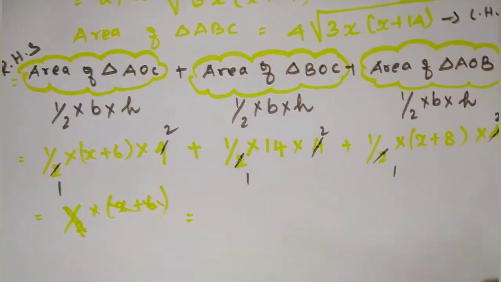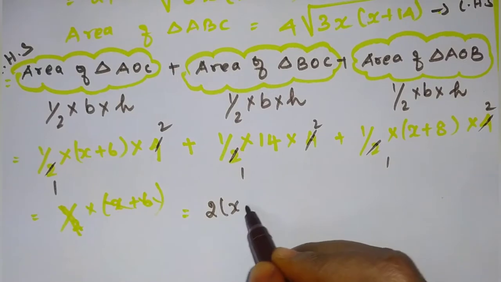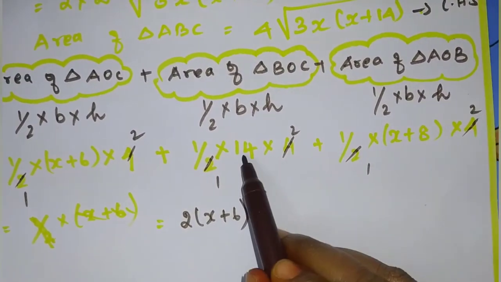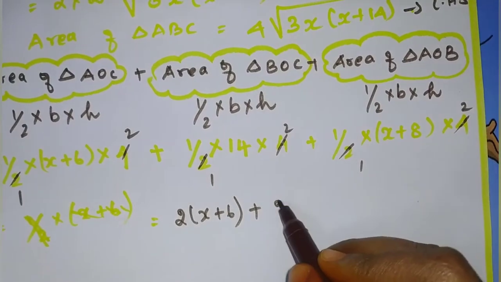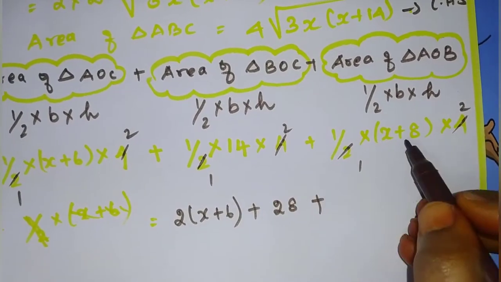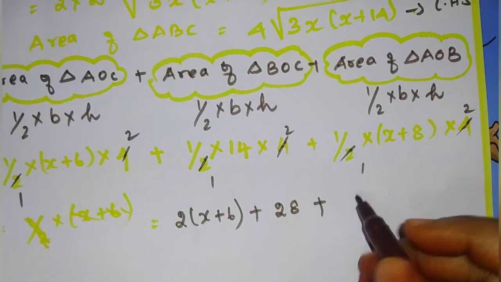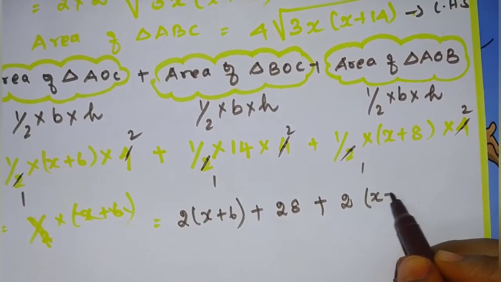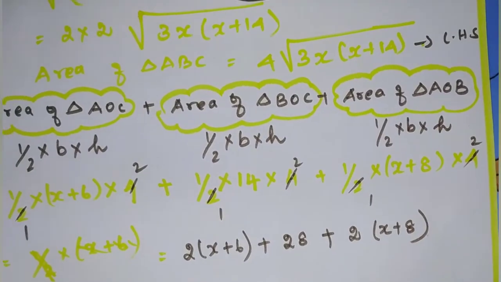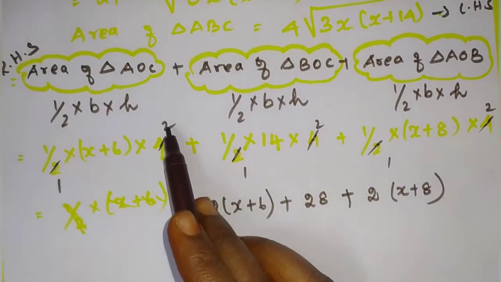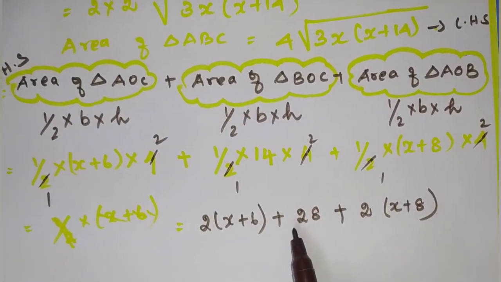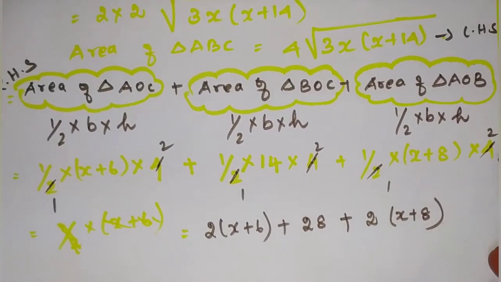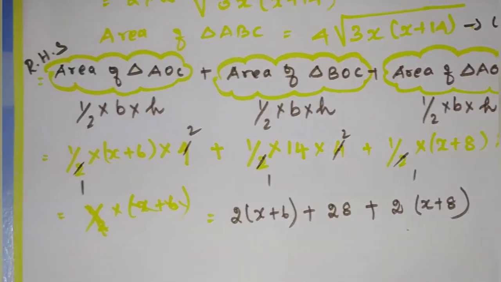First write the number 2 x plus 6 plus 14 into 2 is what? 28 plus 2 into x plus 8. Clear? 2 into x plus 6 plus 14 into 2 is 28 plus 2 into x plus 8.